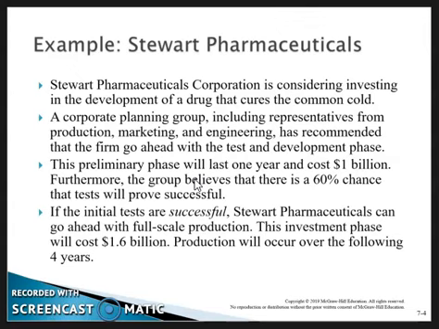If the initial tests are successful, Stewart Pharmaceuticals can go ahead with full-scale production, and this investment phase will cost $1.6 billion. Production will occur over the following 4 years.